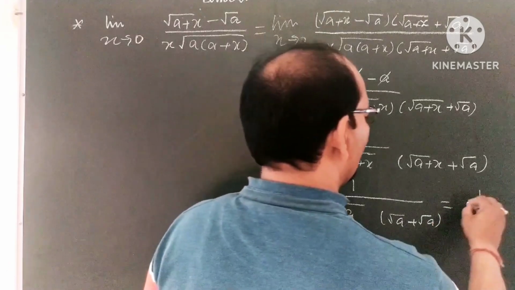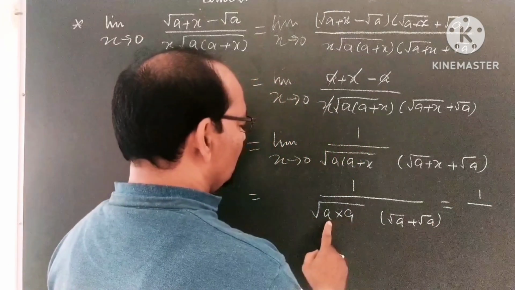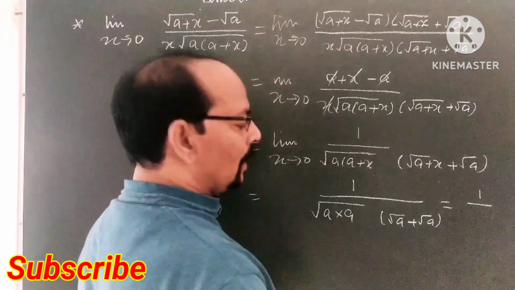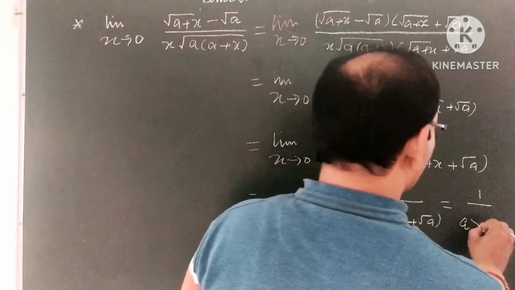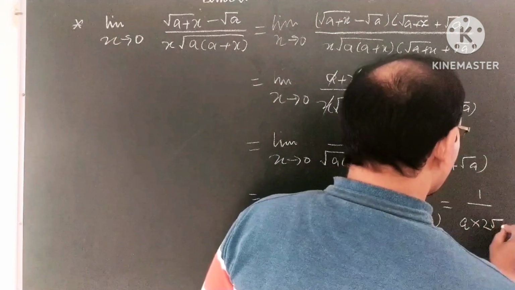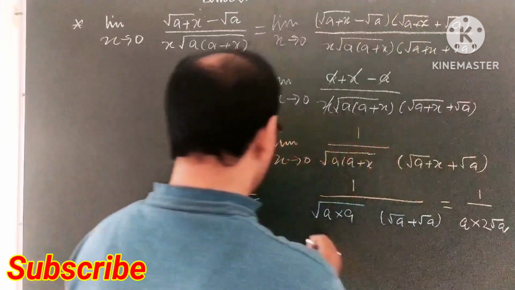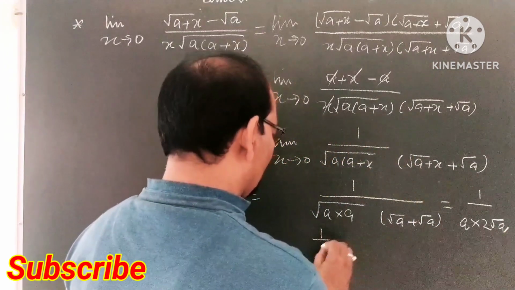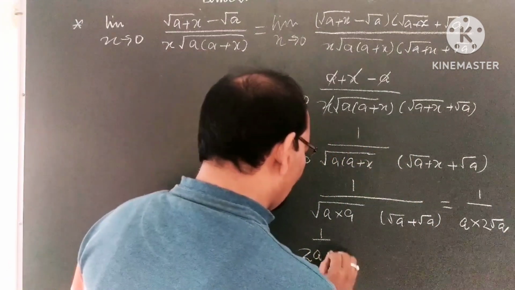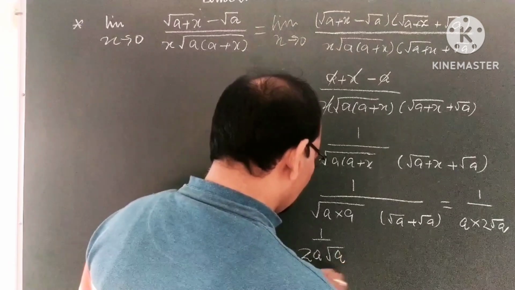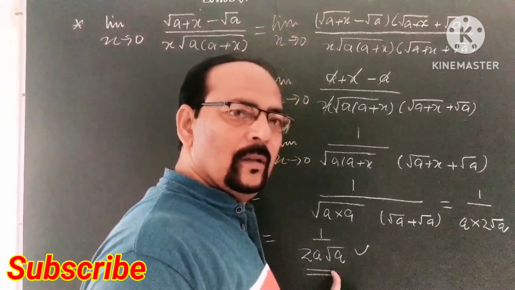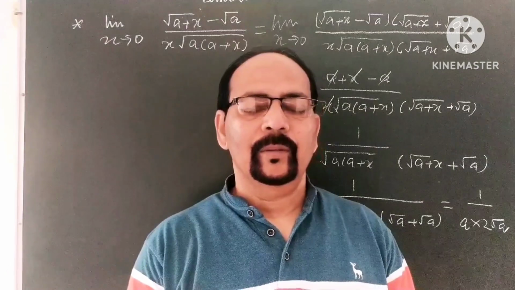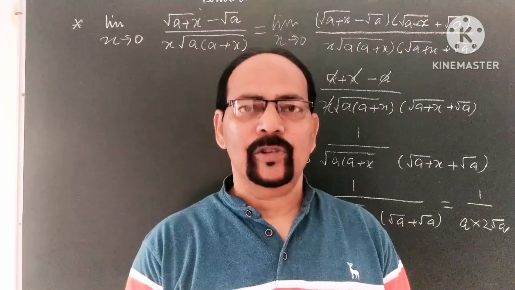After simplifying, it will be 1 upon a into a square, the square root will be a, and into 2 root a. Therefore, the answer will be 1 upon 2a root a. This is your answer. After that, I will take the next question.